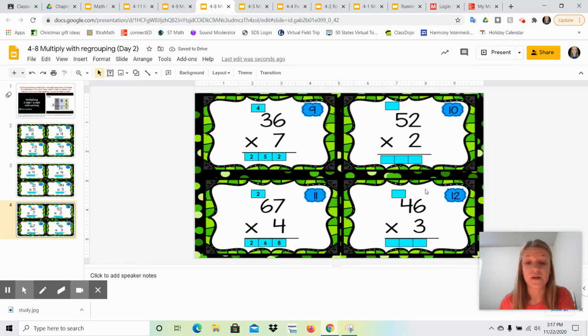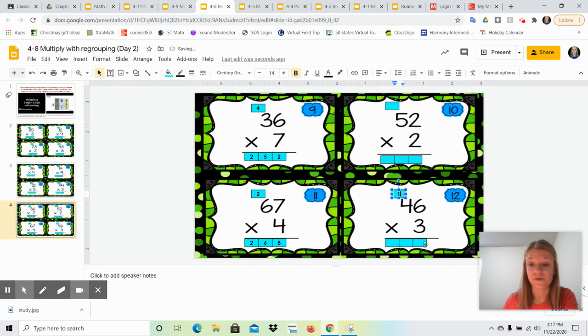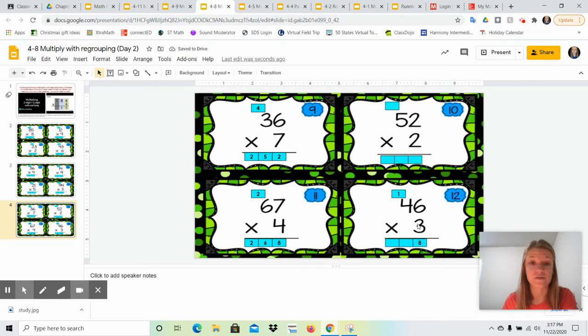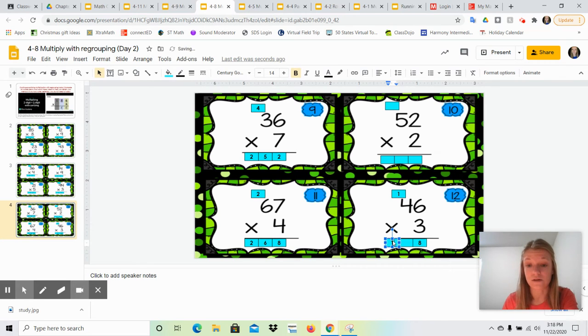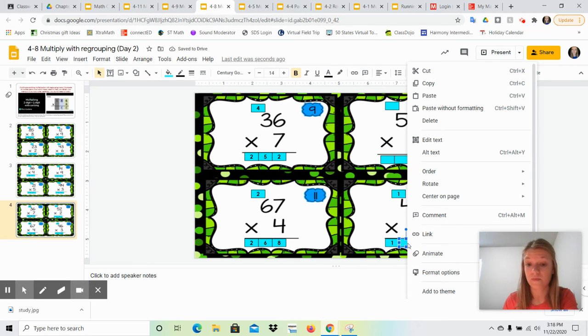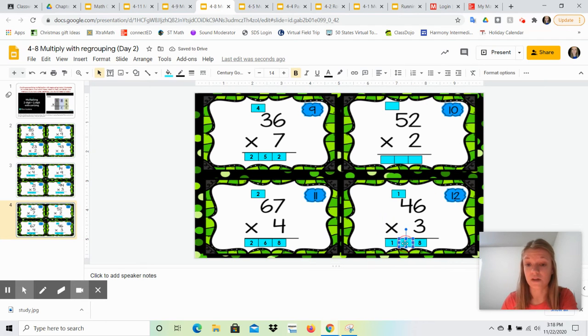Let's do one more. 6 times 3 is 18, so 1 is regrouped and 8 is put down below. And then 4 times 3 is 12. Don't forget to add 12 plus 1 is 13. Okay, there we go.